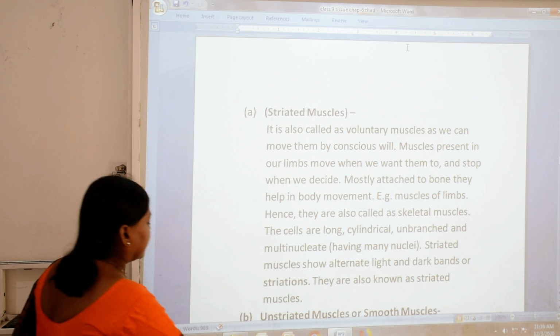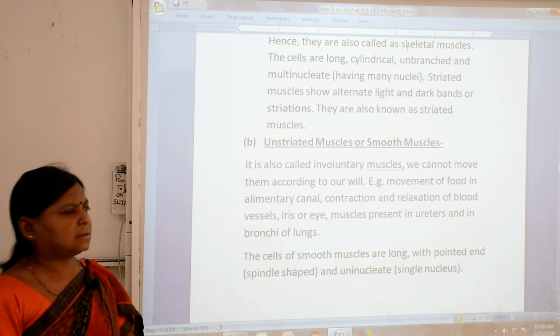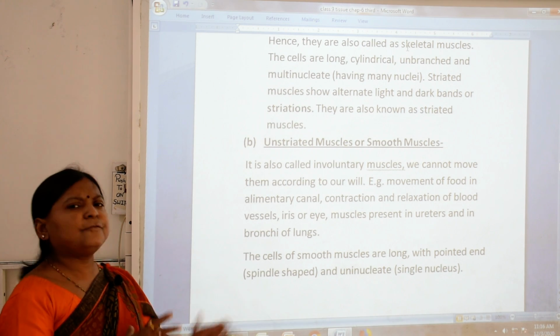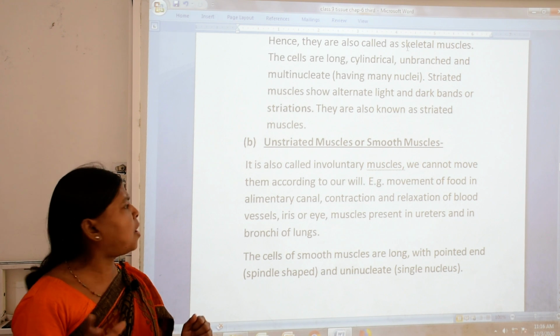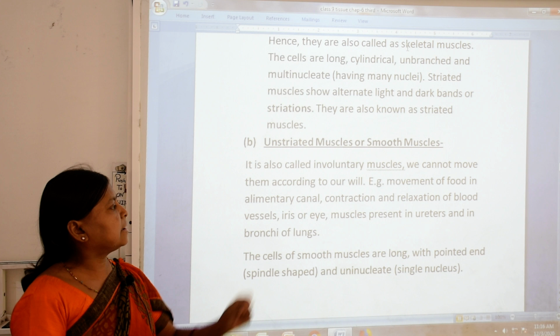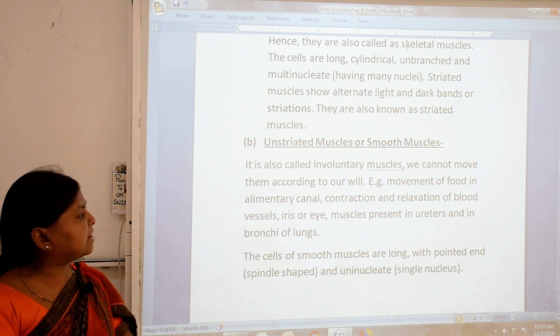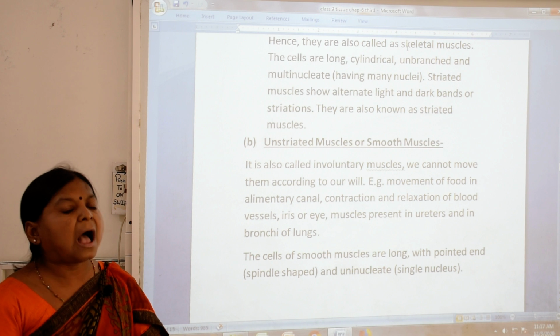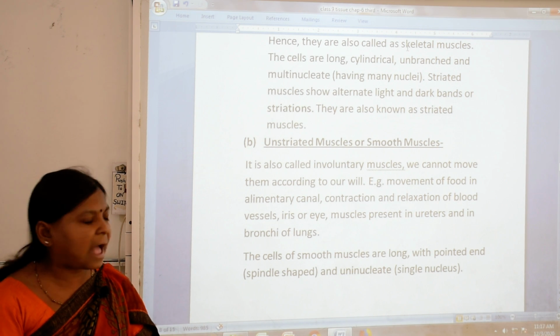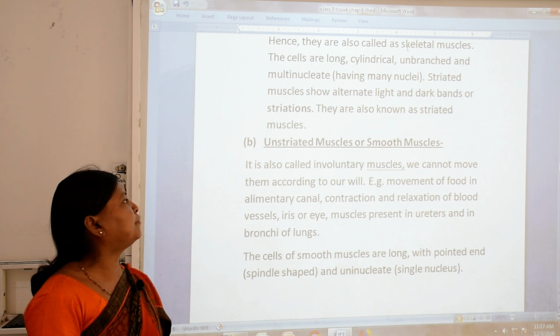Next we are taking unstriated muscles. They are also called smooth muscles. These are involuntary muscles, meaning we cannot move them according to our will. Examples are the movement of food in our alimentary canal, contraction and relaxation of blood vessels, our iris of the eye, and the muscles present in the ureters and in the bronchi of the lungs.